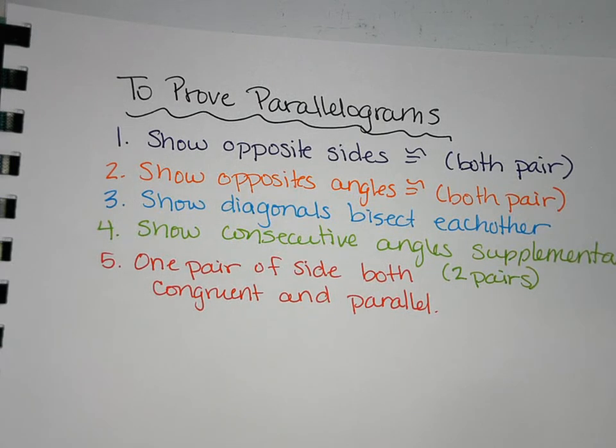Number 9 is no, we don't know, and our explanation would be something like it needs to be the same pair of sides that's both parallel and congruent. So you have to explain what's missing that you need to know. It's not enough information; the information's not in the correct spots for us to say it.